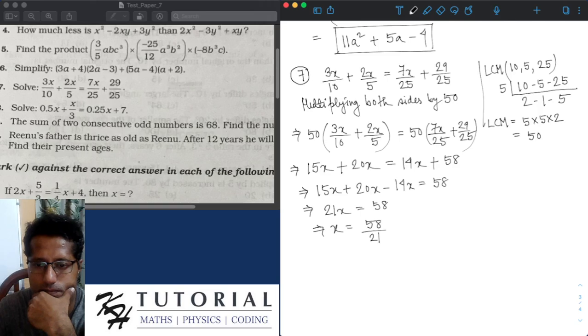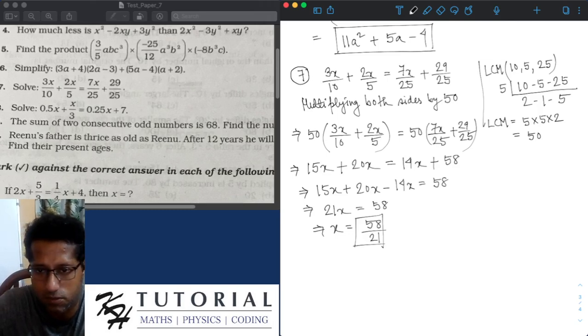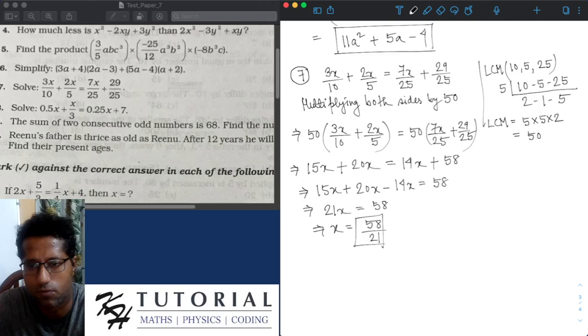So this is the answer, 58 by 21. If I make any calculation mistakes, please do let me know in the comment section. I will appreciate that, because I am prone to make mistakes, but I have checked it twice, and it seems to be correct.